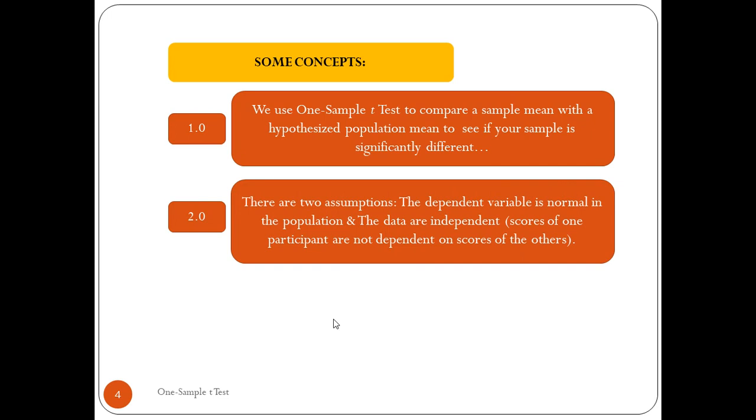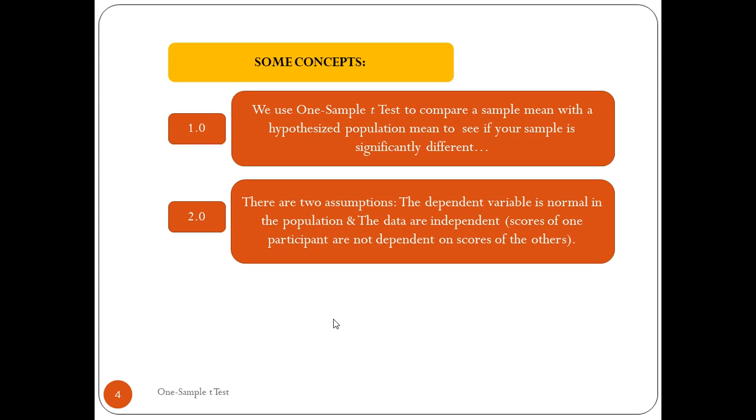Another important concept to take away is about the two assumptions of the one sample t-test. There are two main assumptions of this test. The first assumption is that the dependent variable is normal in the population.